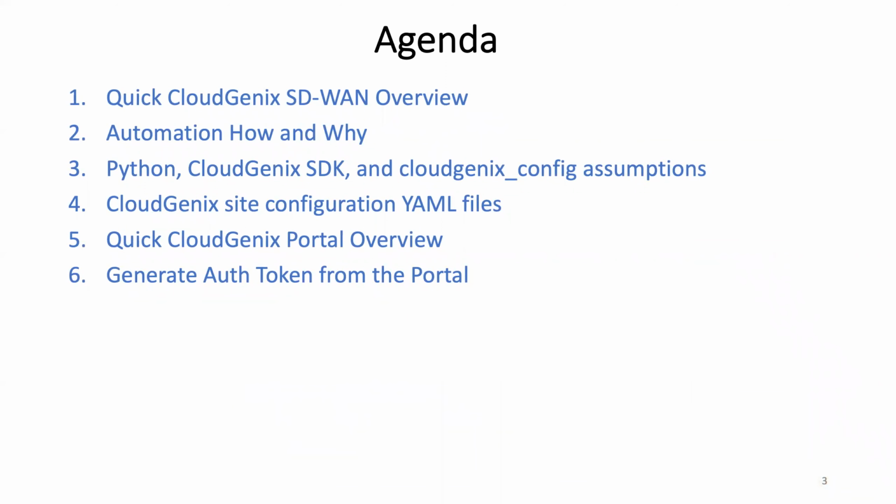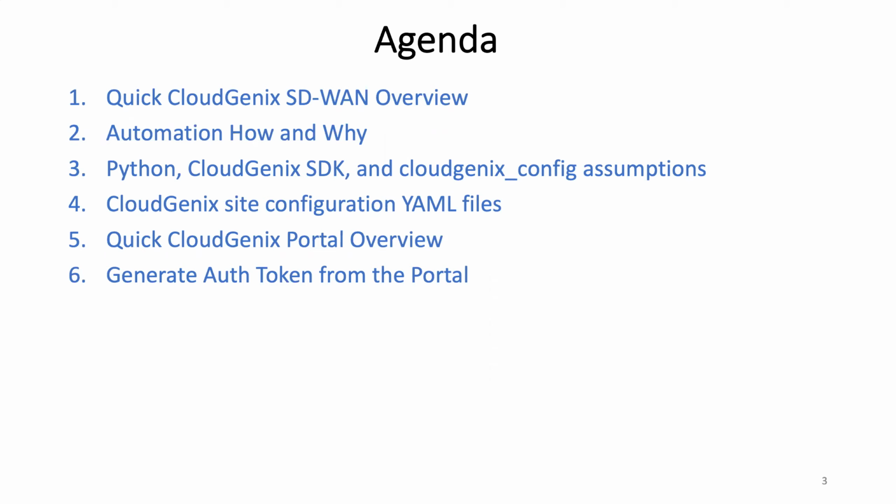So for our agenda today, we're going to do a quick CloudGenix SD-WAN overview. We're going to talk about automation, how and why. We're going to look at the assumptions with Python, the CloudGenix SDK, and the CloudGenix Config utility that we'll use. We're going to look at the CloudGenix site configuration and YAML files.